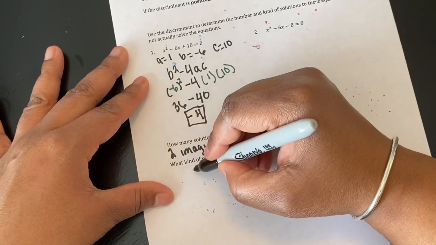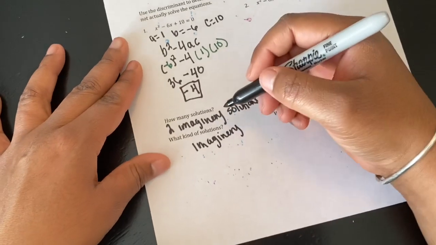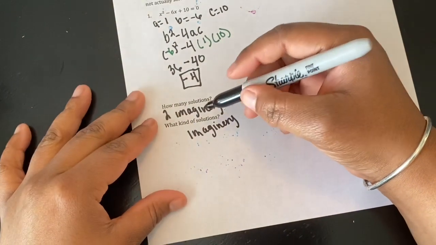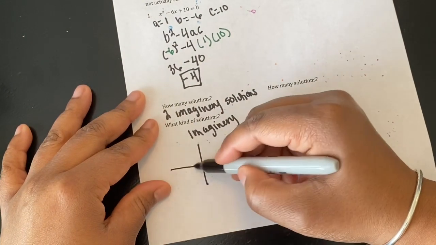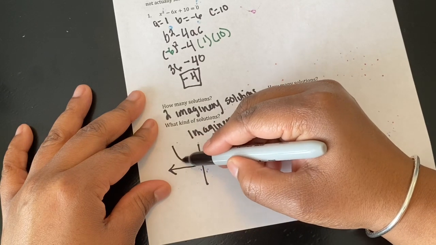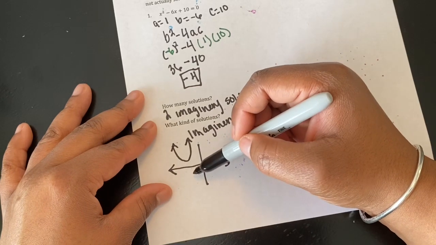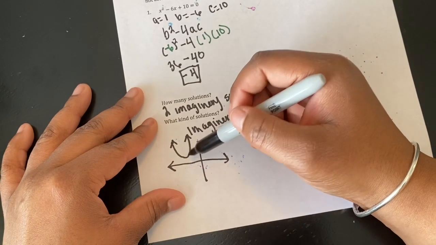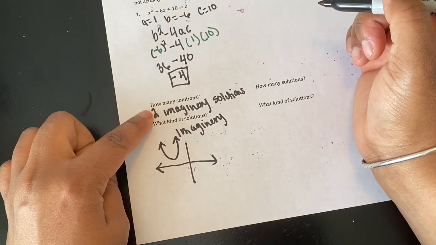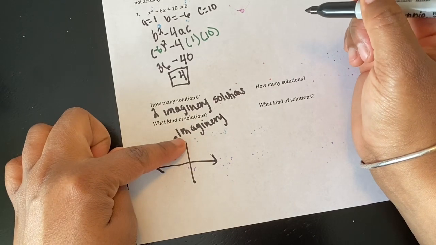What kind is going to be imaginary. That means when we graph it, originally we said it was no solutions, but really what that means is that the graph does not touch the x-axis. So we don't have any defined solutions, but we do have imaginary solutions, okay? So how many solutions? 2. What kind of solutions? Imaginary.